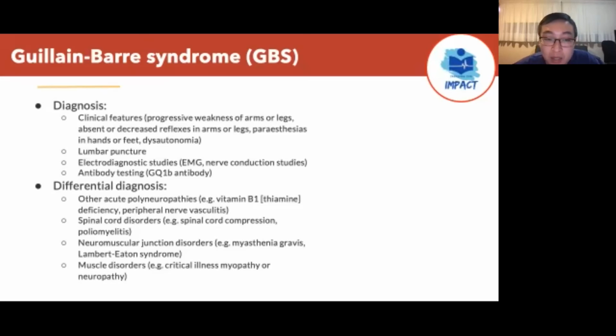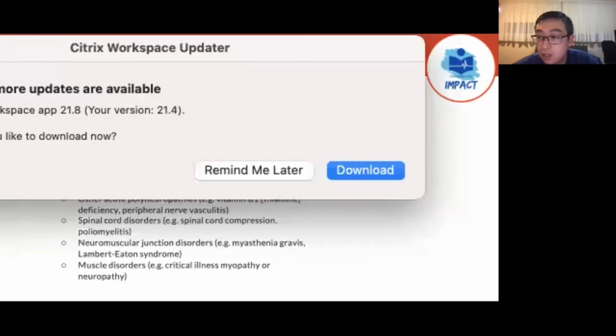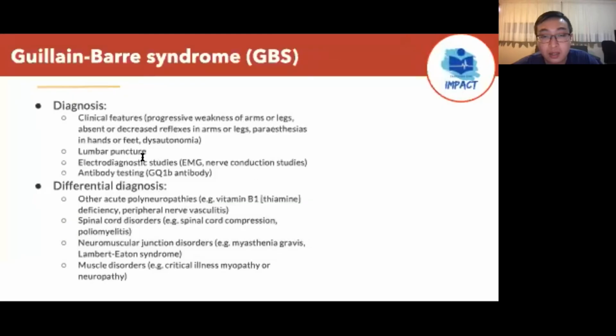But there are two neuromuscular junction disorders that I want to talk about. One is myasthenia gravis, and the other is Lambert-Eaton syndrome. Now, do you guys know the difference between myasthenia gravis and Lambert-Eaton? Yeah, absolutely.